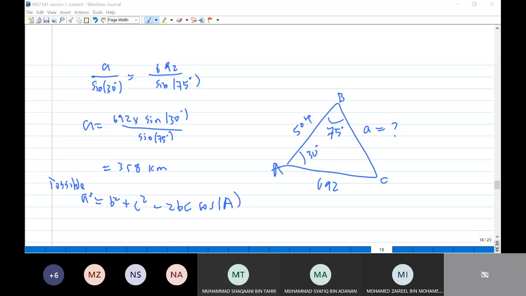So you'll find that angle A is 60.3. Yes, correct. So adjust accordingly. So you should get the answer 622. So this is okay already.